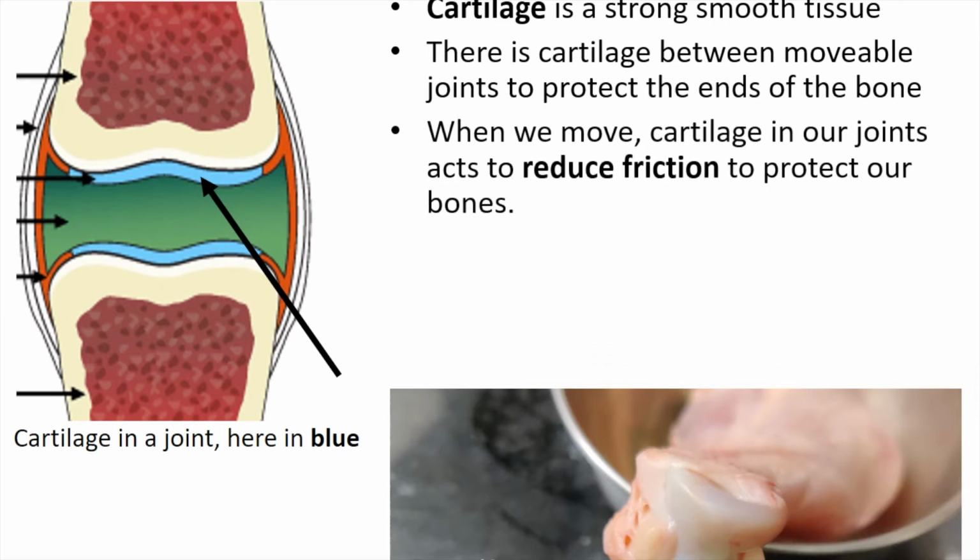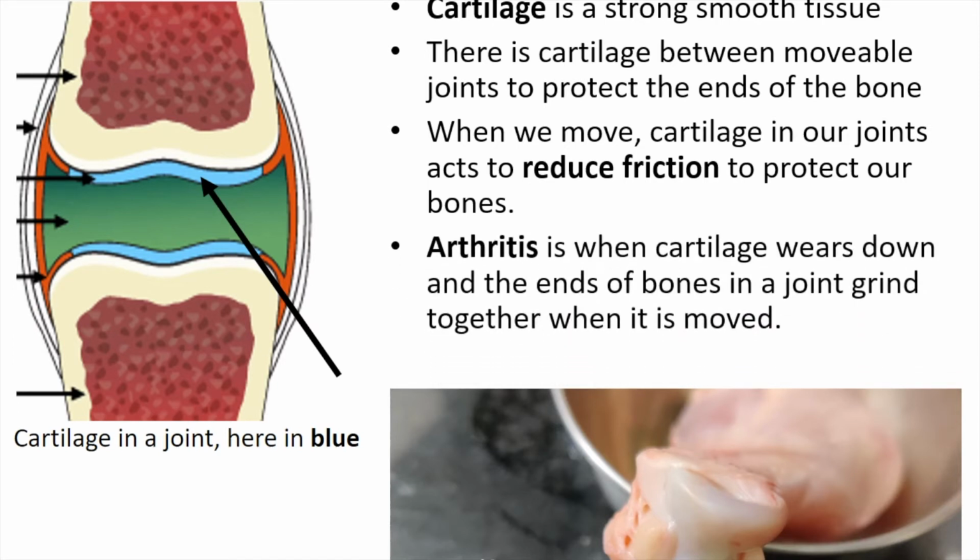When we move, cartilage in our joints acts to reduce friction to protect our bones. Again, this bit between the cartilage is the synovial fluid. Arthritis is when the cartilage wears down and the ends of the bone in a joint grind together when it is moved. And this is what causes pain.